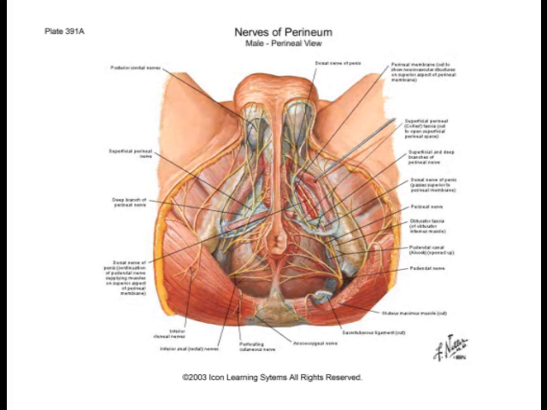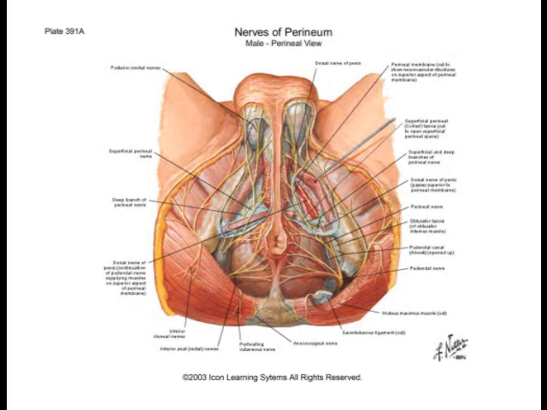And also you can see the perineal nerve going to the bulbospongiosus muscle area, which is basically right there above the anus, going from there up to right below the scrotum area. That's basically the bulbospongiosus muscle. So the perineal branches will supply that muscle.